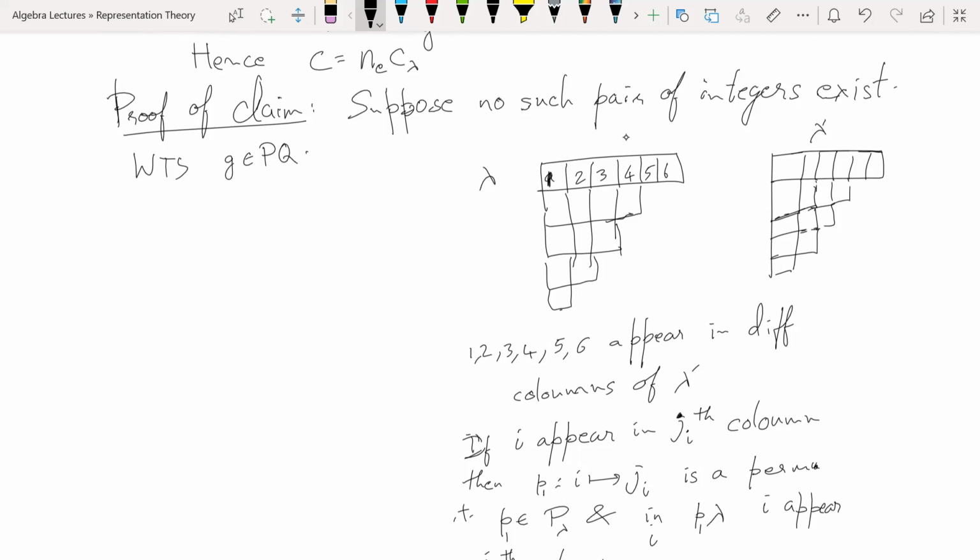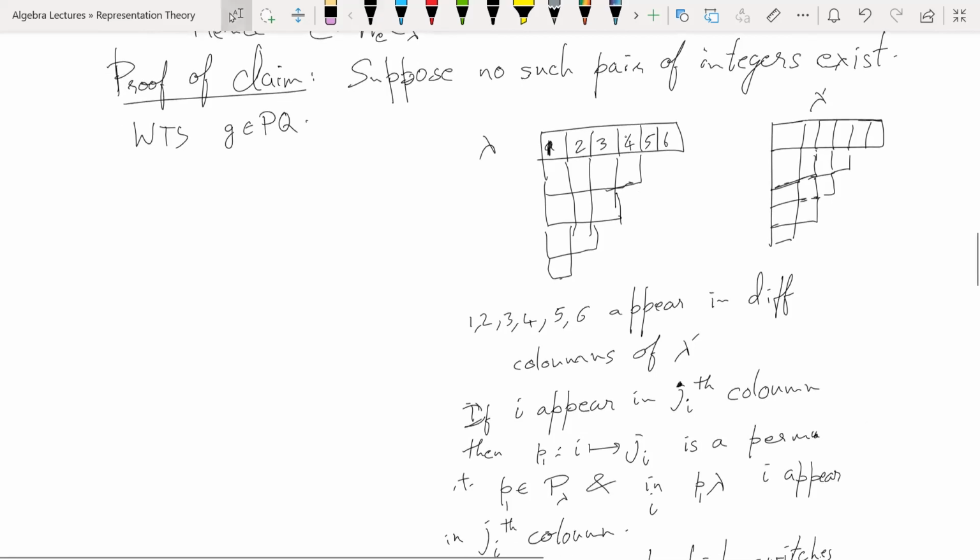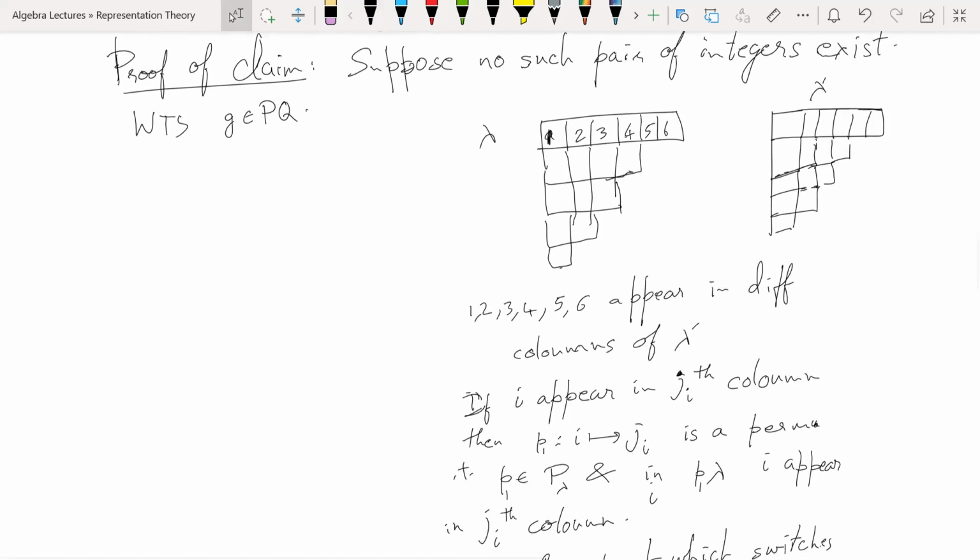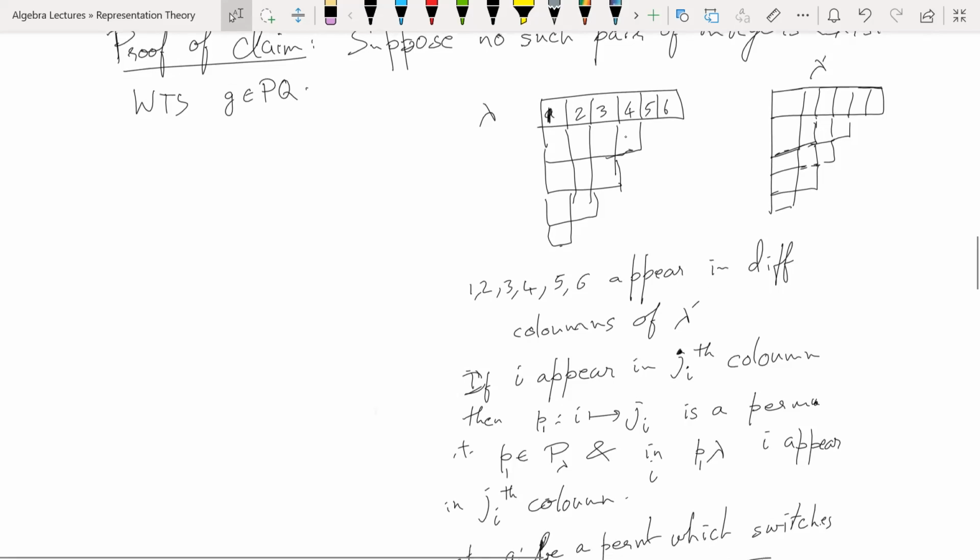Okay. And if I consider the tableau P1 times lambda, that means I'll just permute these 1, 2, 3, 4, 5, 6. 1 will go into the j_1 column of the first row instead of the first column, 2 will go into the j_2 column, and so on. And then what happens is in P1 lambda, i will appear in the j_i-th column of the first row.